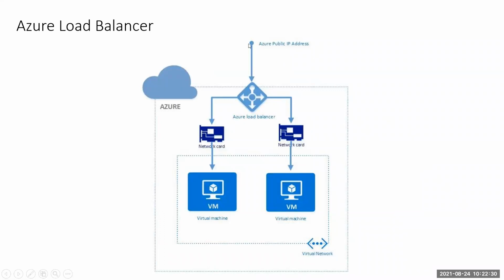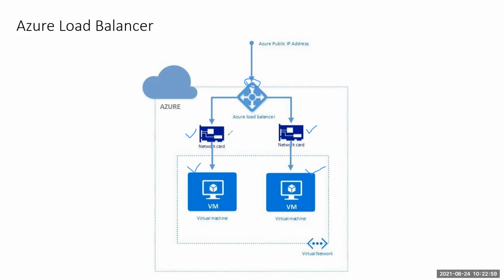There will be a public IP address, right? There will be a public IP address and a load balancer will be there. And on top of this, there will be a public IP address. And here we will have two different virtual machines. Two different virtual machines will have two different network adapters, right? Where we assign the private IP at the network adapter, where we assign the public IP at the network adapter, right?